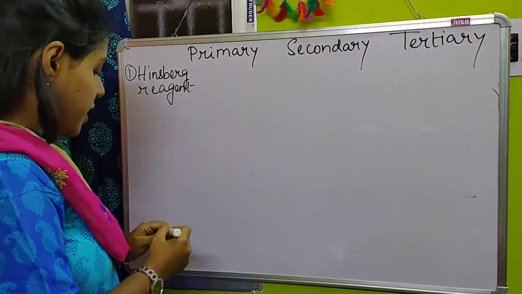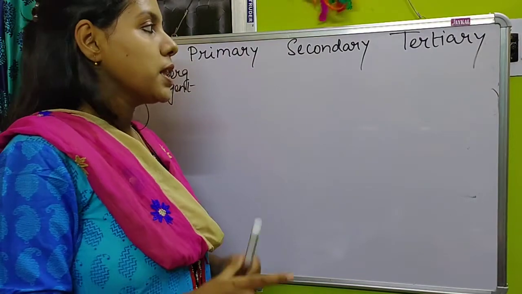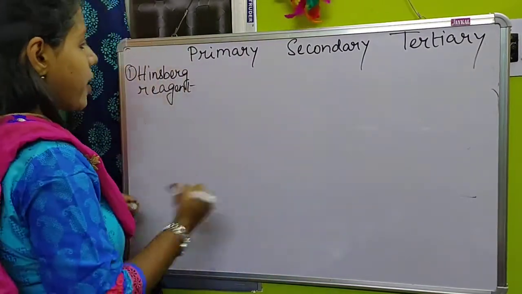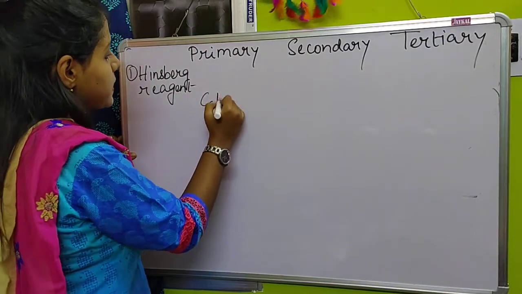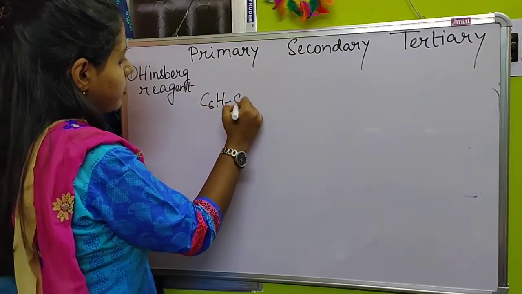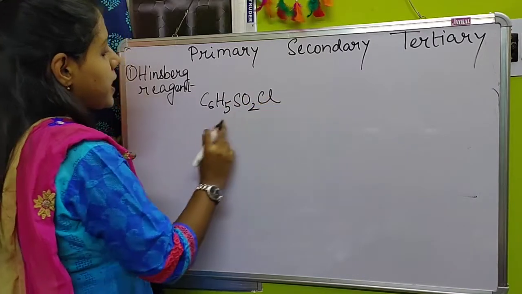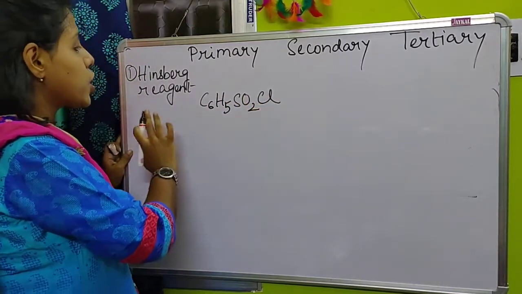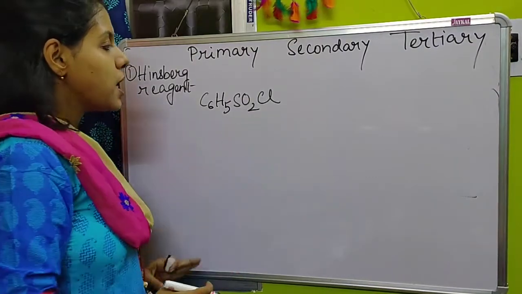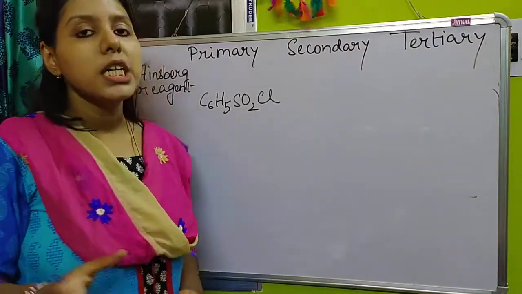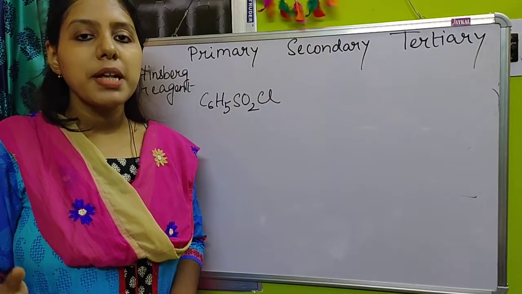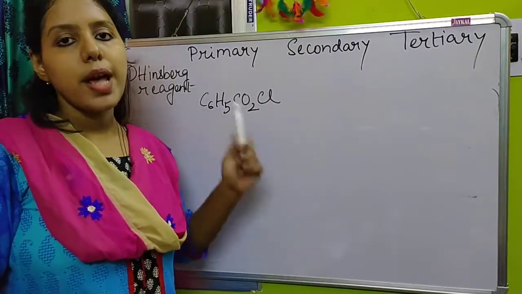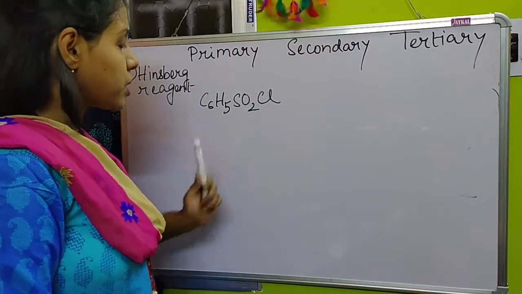What is Hinsberg reagent? Hinsberg reagent is a mixture of benzene sulfonyl chloride, having the formula C6H5SO2Cl, and potassium hydroxide, that means an alkaline solution of benzene sulfonyl chloride.